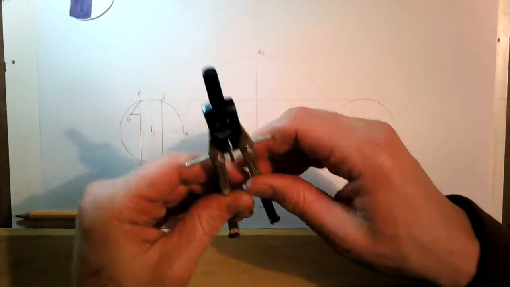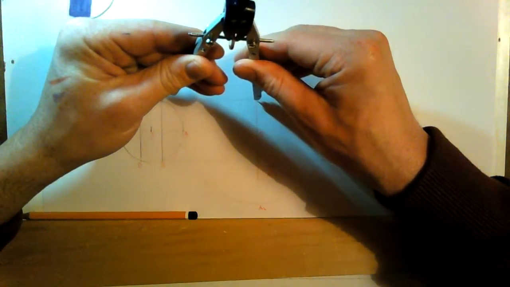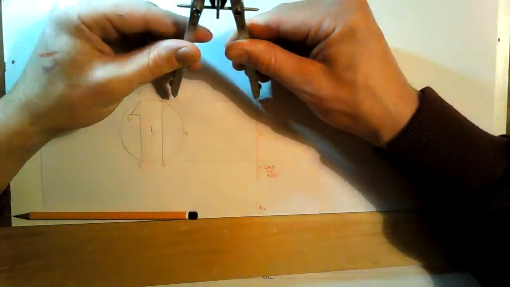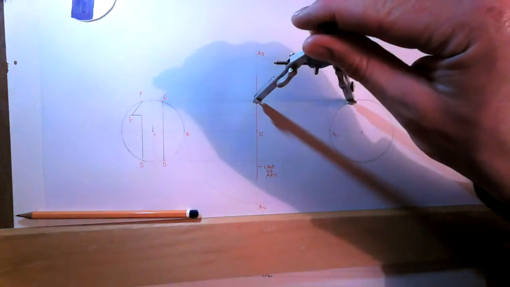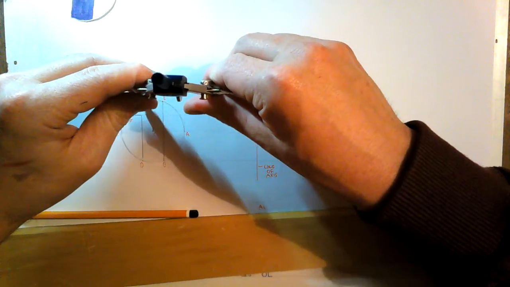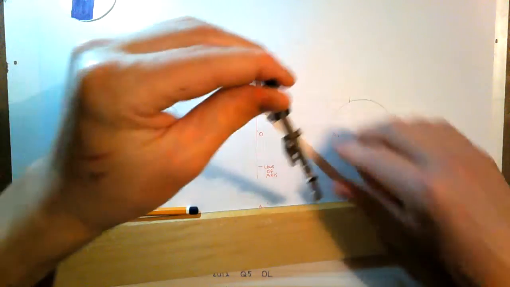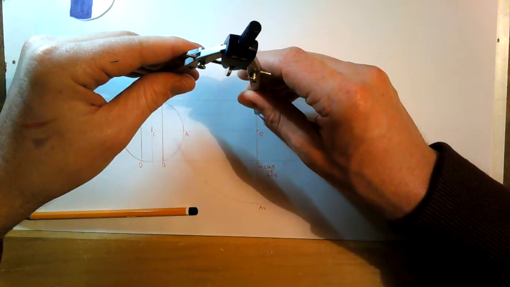Okay, so on our line of axis, we can find point E. Swing that over. Okay, bring over F. Down onto the G line.